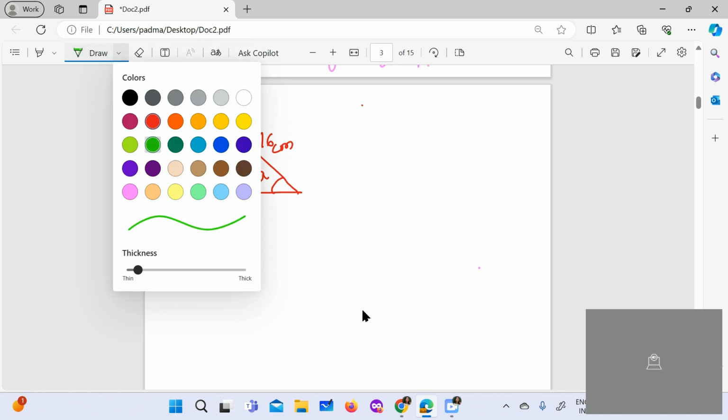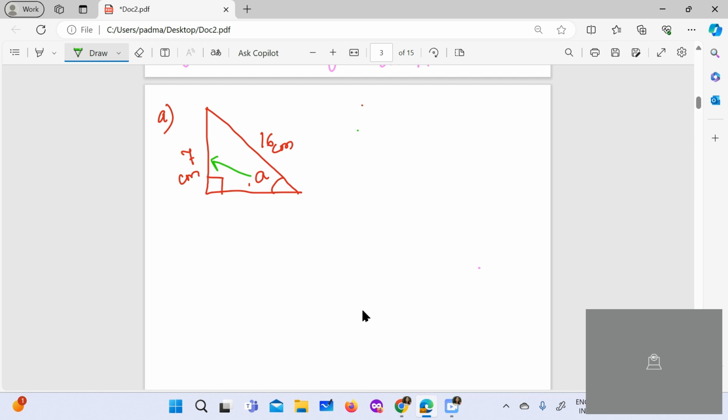Now suppose we have this triangle, and we have to find this angle, and this is given and this is given to us. Same thing again here. With respect to this angle, you have to understand where is our opposite, where is adjacent, and what is hypotenuse.